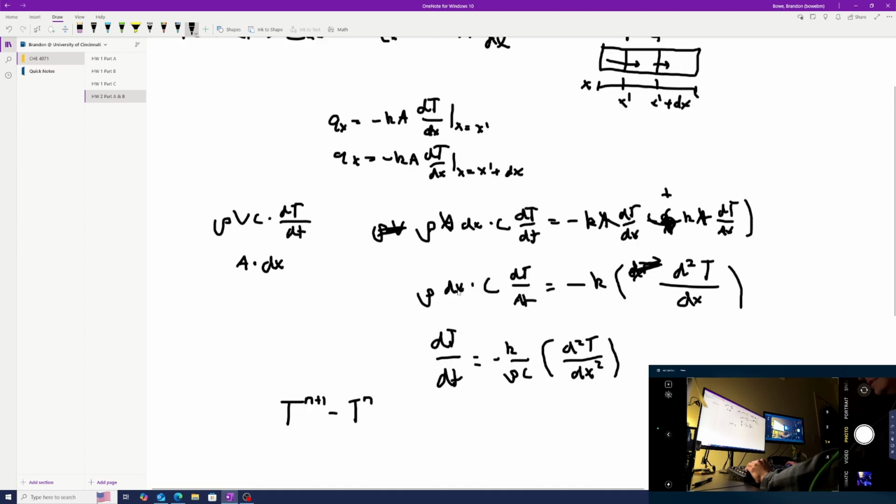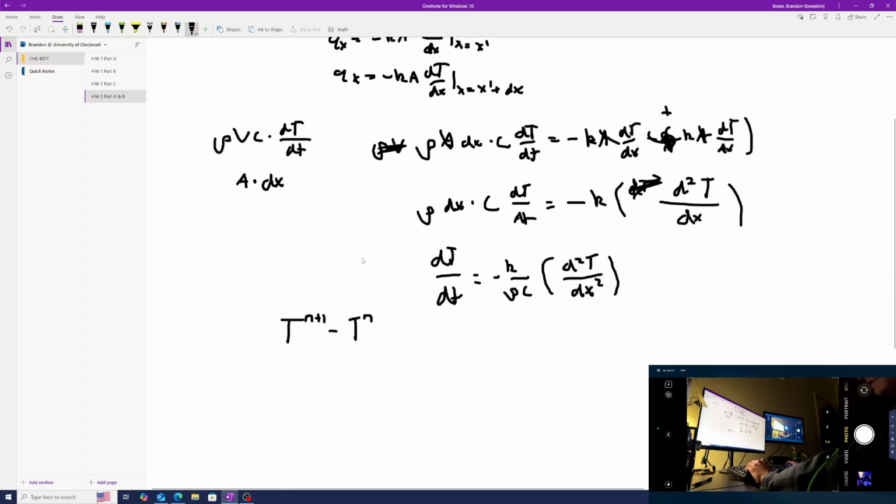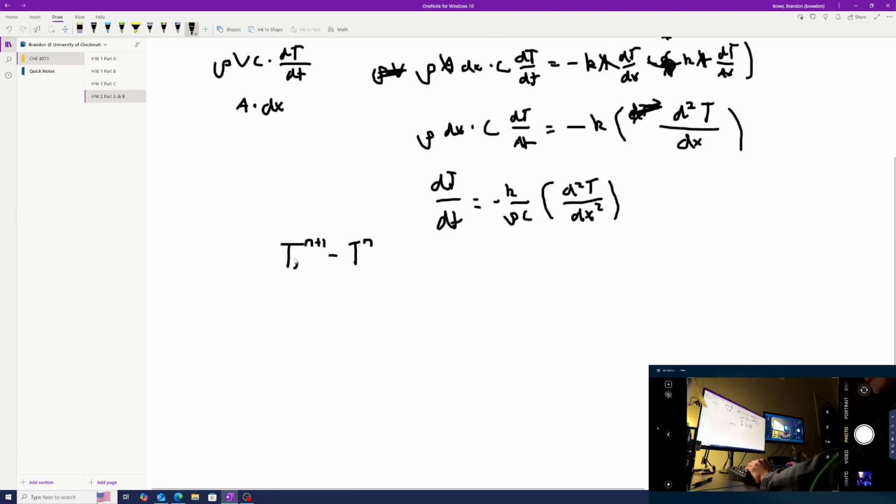And what we can do is, since we will end up having so many of these areas, represent each one with a letter. So we can call this our temperature J. So our temperature J of n is the block we're in at the current time.